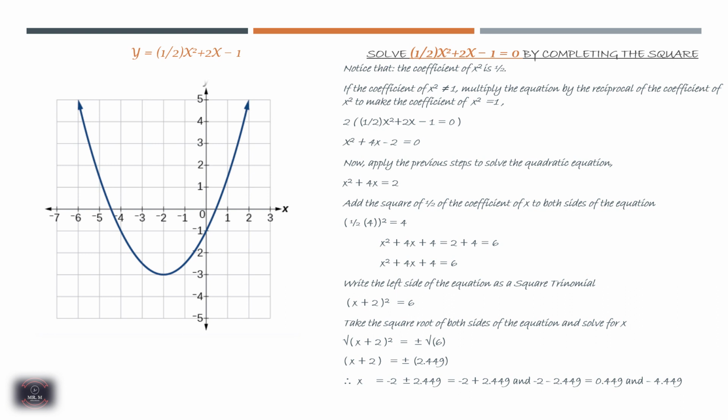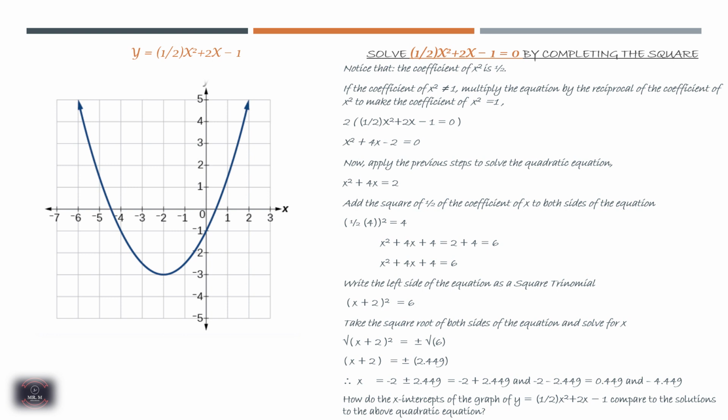Hence, solving for x, you'll find x equal to negative 2 plus or minus 2.449, which is equal to 0.449 and negative 4.449.